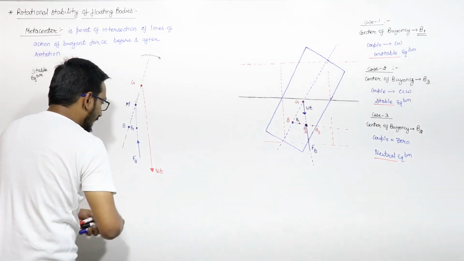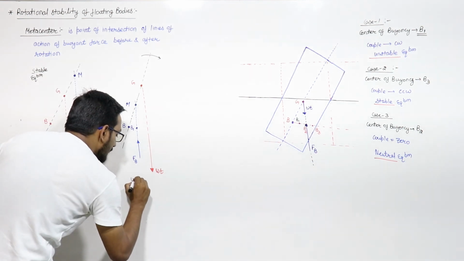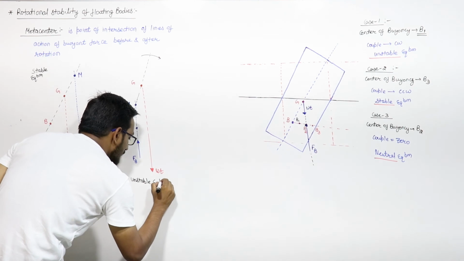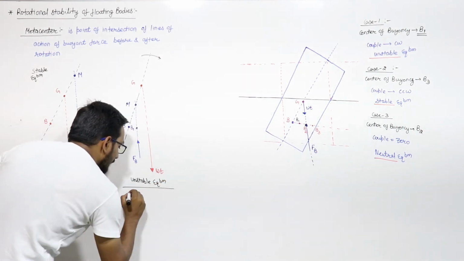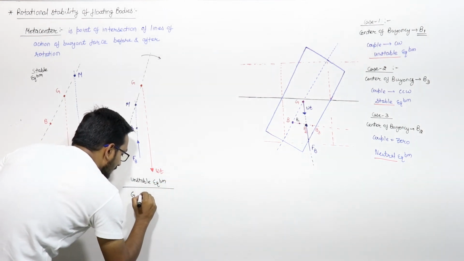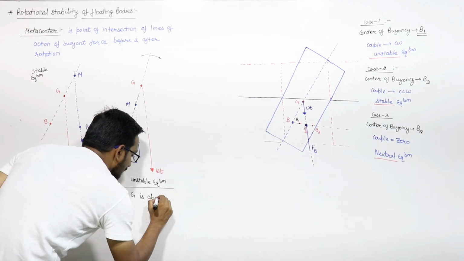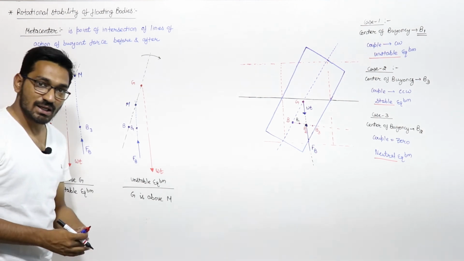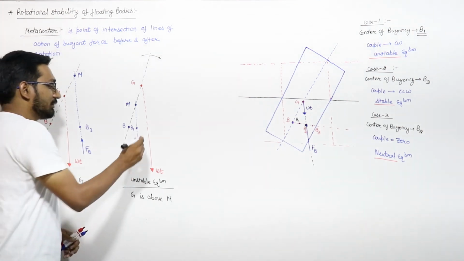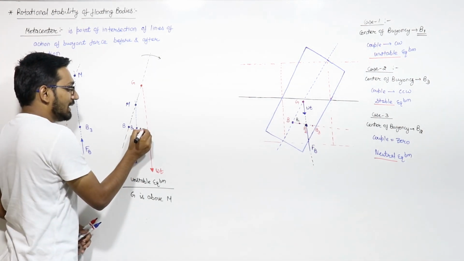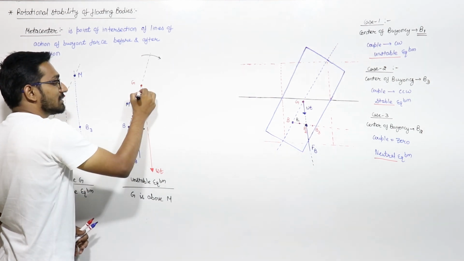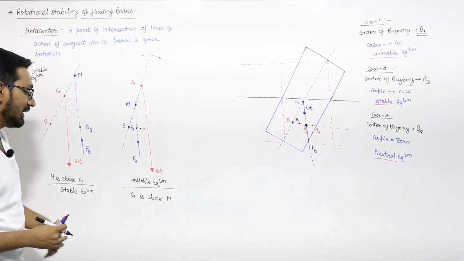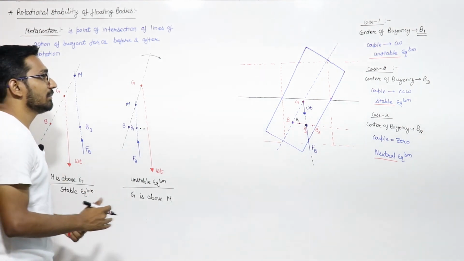So this is the case of unstable equilibrium. When the center of gravity is above the metacenter, that is, the metacenter is below the center of gravity, then you have an unstable equilibrium.